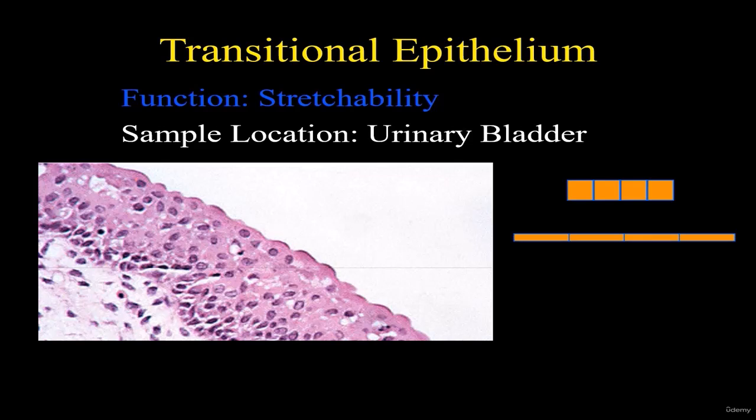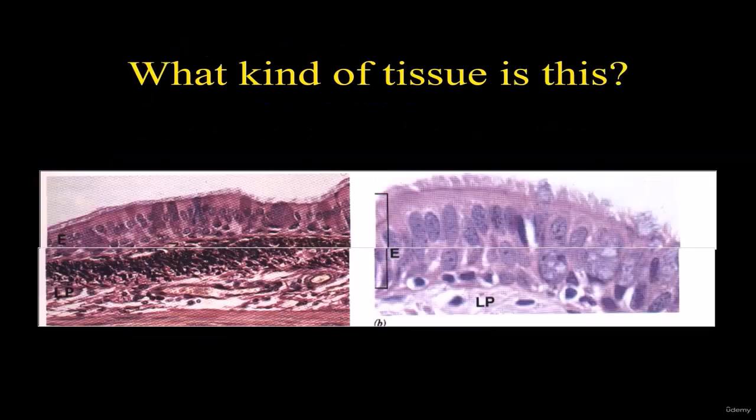Transitional epithelium, function: stretchability. It has the ability to stretch; sample location: urinary bladder, giving the bladder the ability to be filled with urine, so you can keep the urine and go to the bathroom at a later time.